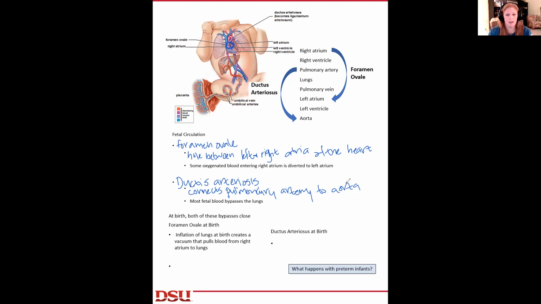The inflation of the lungs at birth creates a vacuum that will pull the blood from the right atrium to the lungs. And when this happens, it forces a little flap closed over the opening that was the foramen ovale.